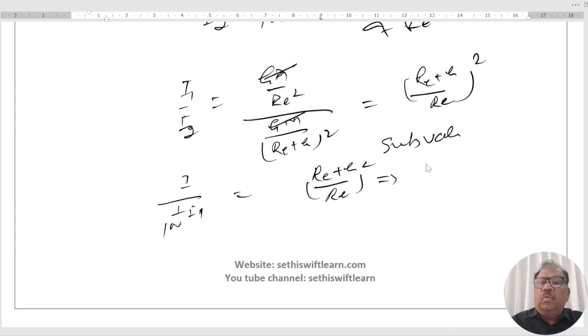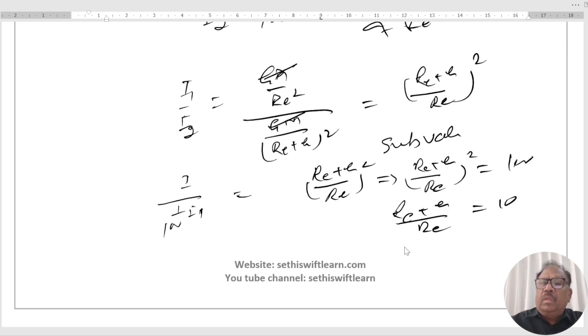On simplification, this comes out to be RE plus H over RE whole square equal to 100. Then taking square root, RE plus H over RE equal to 10. Then RE plus H equal to 10 RE. That comes out to be 9 RE.